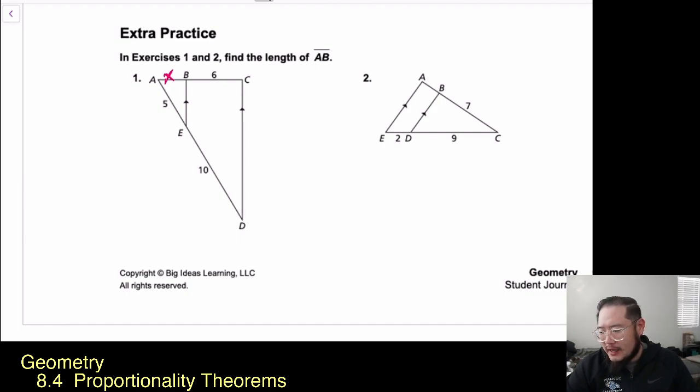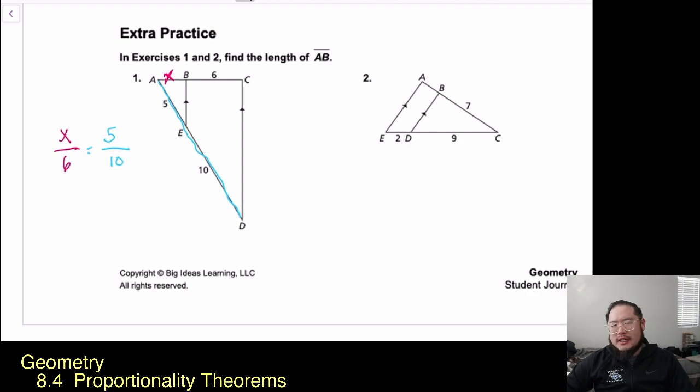If I look at A to C, along that we have AB, which is x, and I'll put that over 6, since they're along the same segment. Let's take a look at the other side, from A to D. I'm going to put 5 first, because 5 is along the same triangle as x or AB, and for the denominator, we're going to put 10.